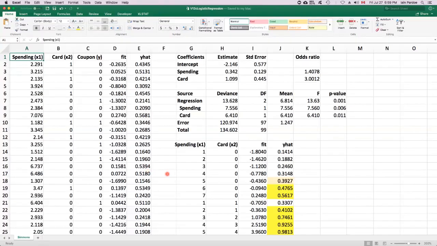In this video, I'm going to talk about logistic regression. And the example I'm going to use is for some department store data.